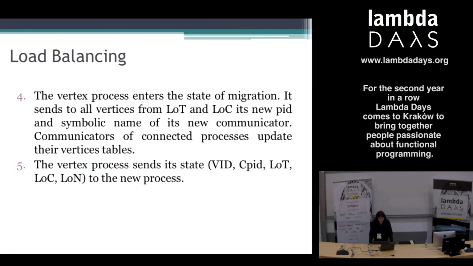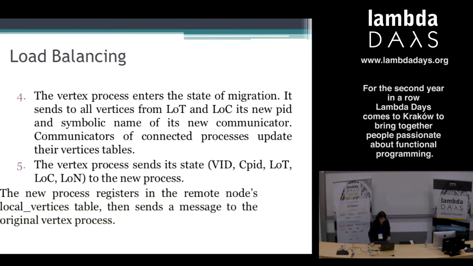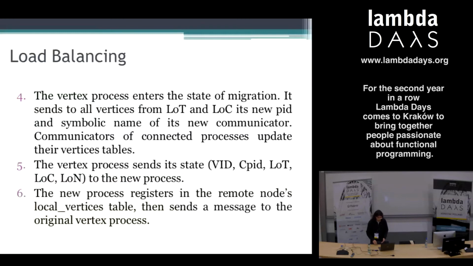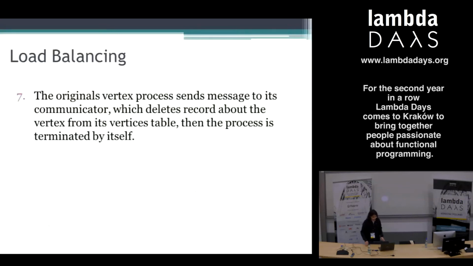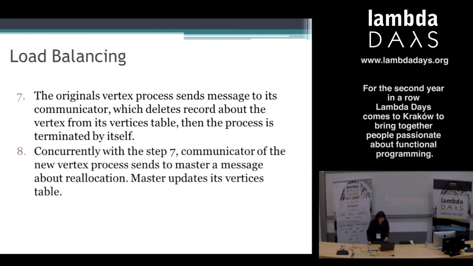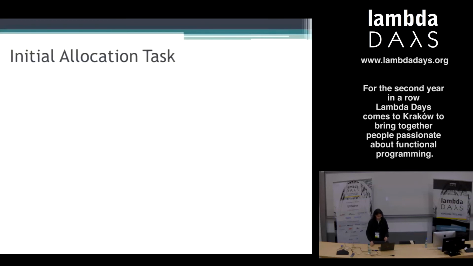The vertex process sends its same VID, list of tasks, list of connections, and list of neighbors to the new process. After that, the new process registers in the remote node's local vertices table, and sends messages to communicators and to master nodes and of course to support masters, that allocation of our vertex has changed.